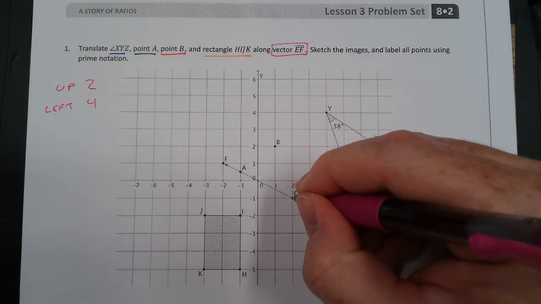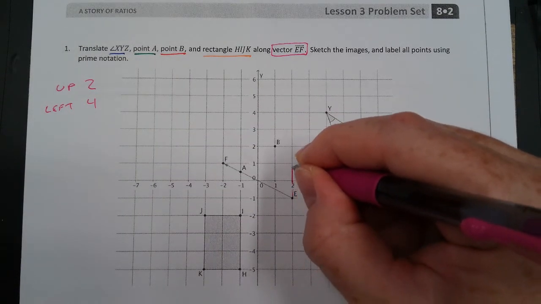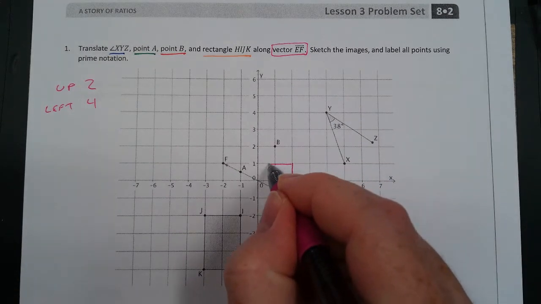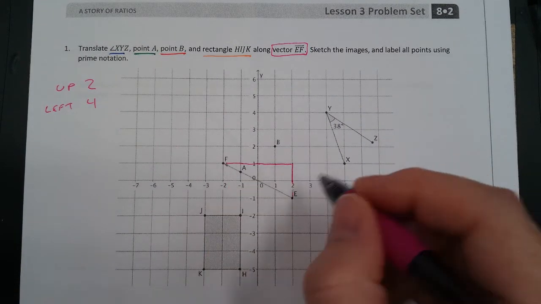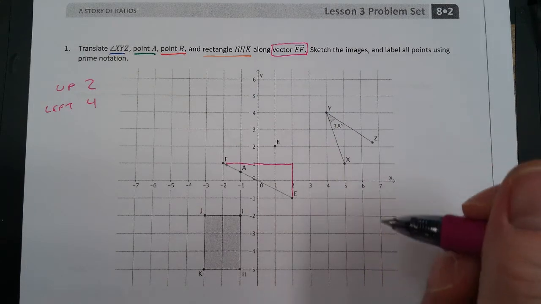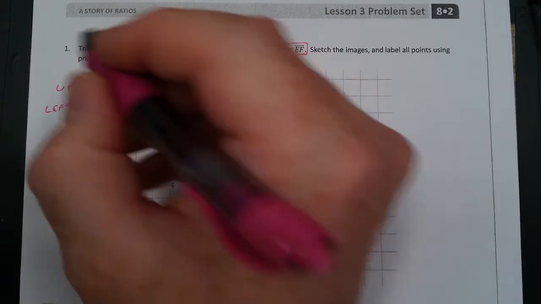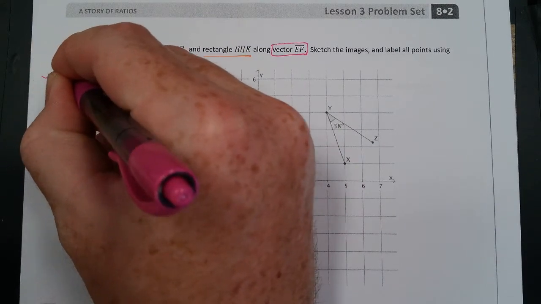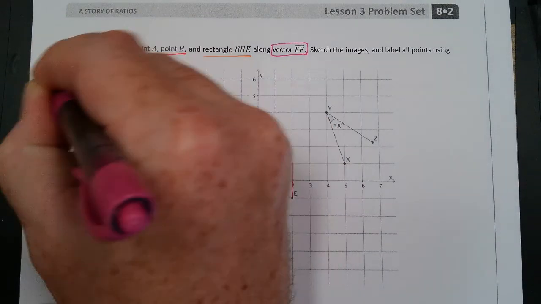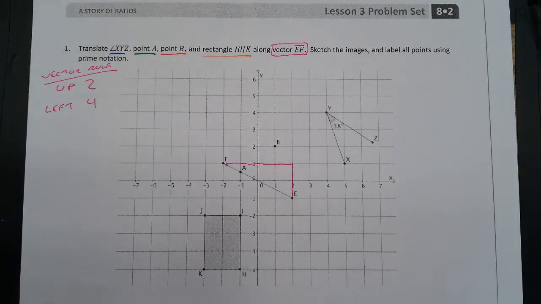Do you see how that's my rule? Up 2, 1, 2, left 4. That's my rule. And so I can follow that rule for all of the things, because that is my vector rule. And that makes translating on graphs super simple.